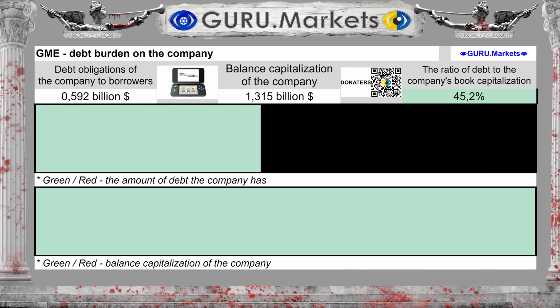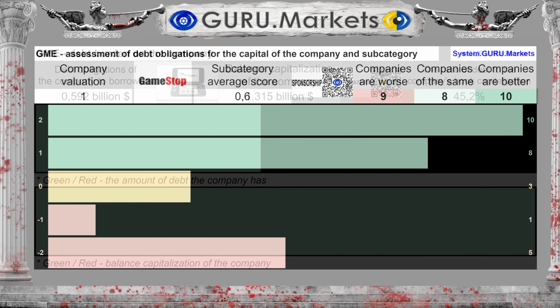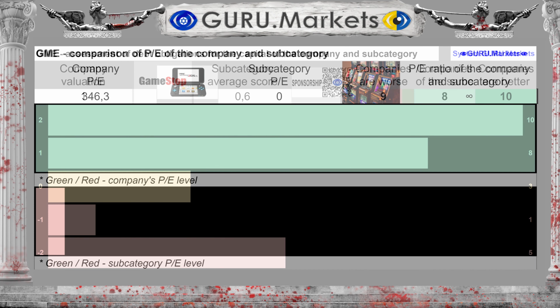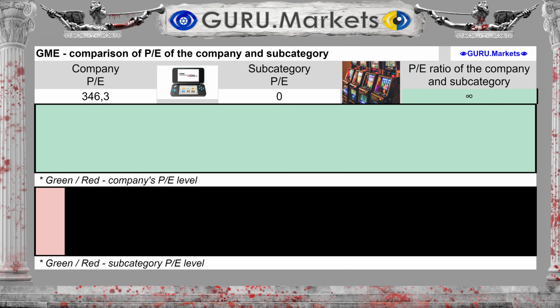The company's financial liabilities are $0.592 billion. Debt-to-book capitalization amounts to 45.2% of capital. Result on the level of debt obligations of the company: Good, 1 point. The company's stock price to earnings ratio is 346.3.